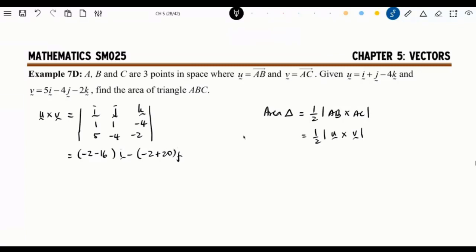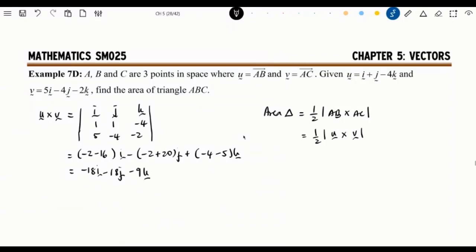Kamu mabuk ke apa? Okay, for the K. Negative 4 minus 5. Alright, good. Okay, so we end up with negative 18I minus 18J minus 9K.